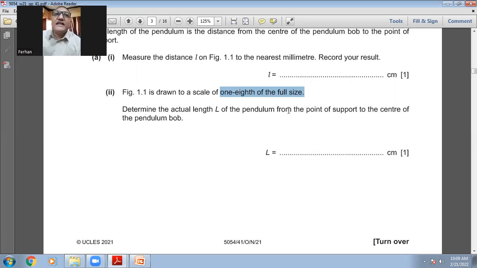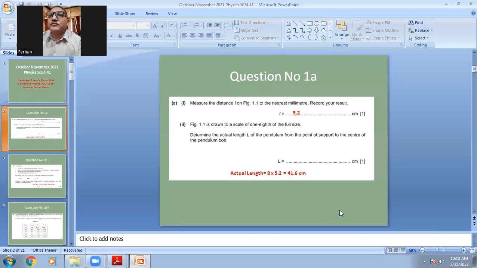It means that something which is on your paper 1 centimeter long is, in actual, 8 centimeter long. So your length is 5.2 centimeter. He says determine the actual length of the pendulum from the point of support to the center of the pendulum bob. You measured that length, and that was 5.2 centimeter. So 5.2 centimeter multiply 8 will give you the actual length. Let me show you.